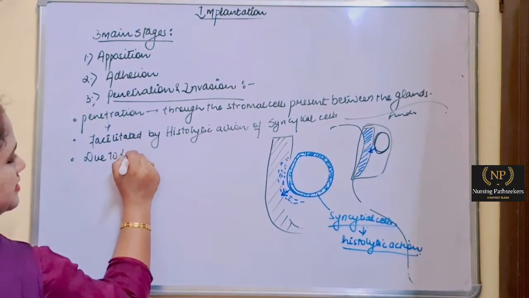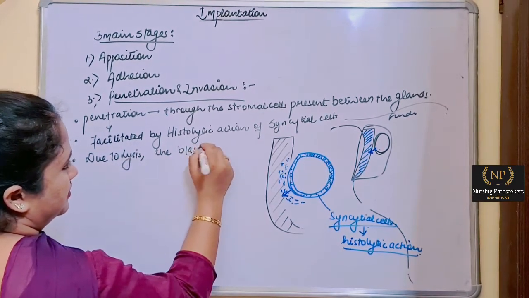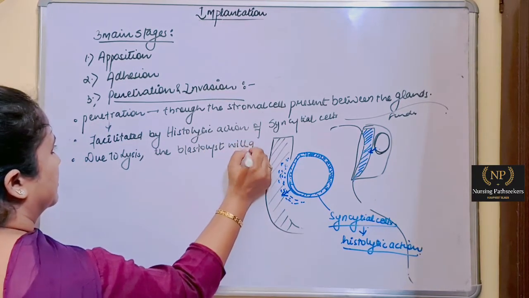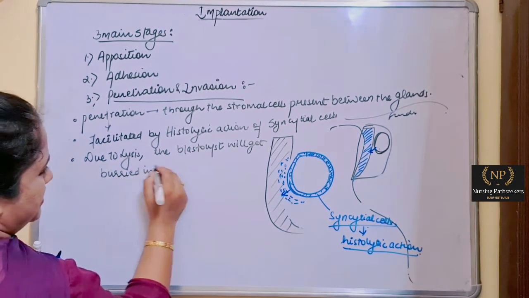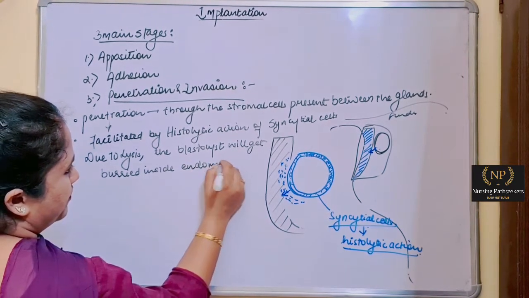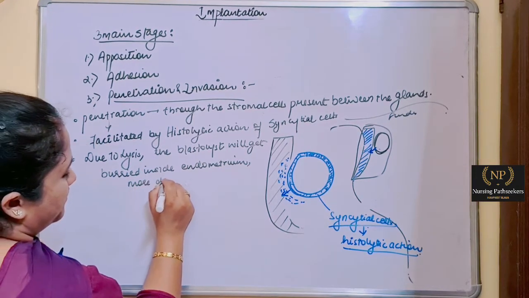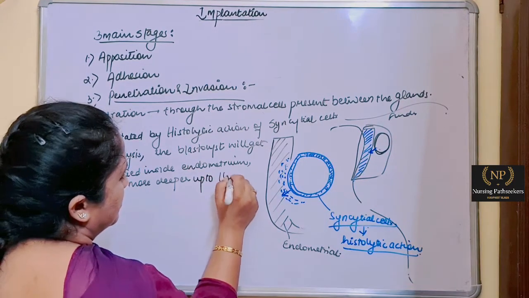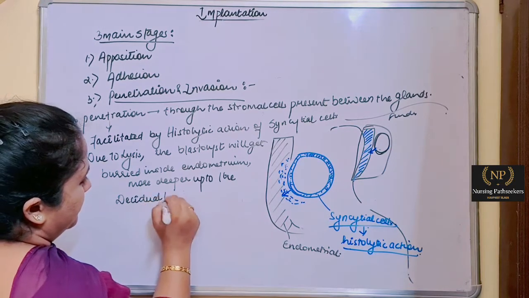Due to lysis, the blastocyst will get buried inside the endometrium, deeper, up to the decidual layer.